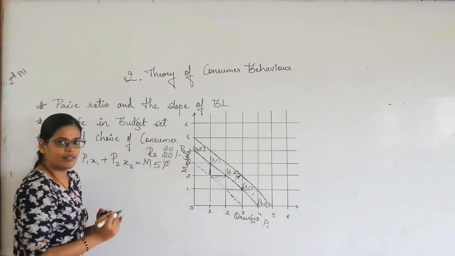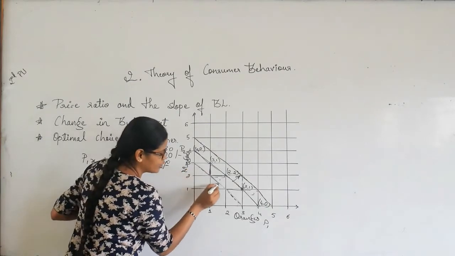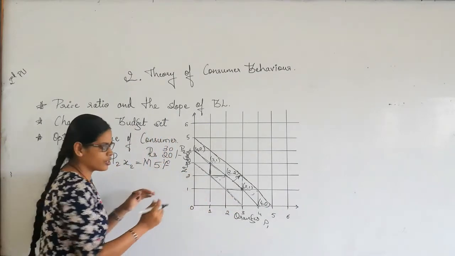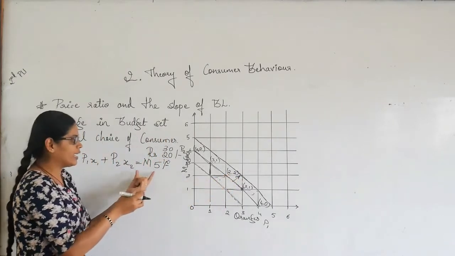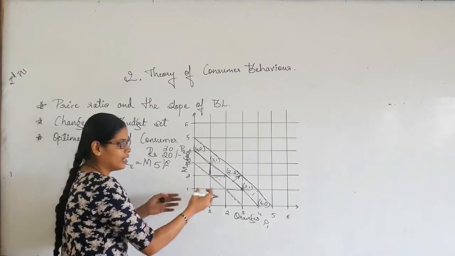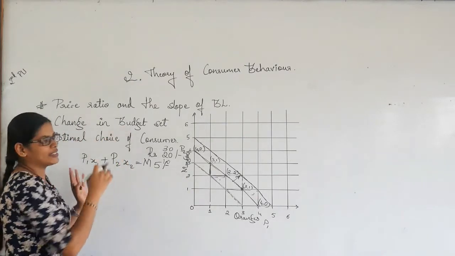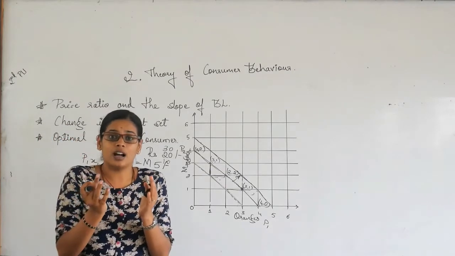If we reduce his income, then the line shifts to here, right? So you can see the difference. So it also depends on the income, how much he is earning.